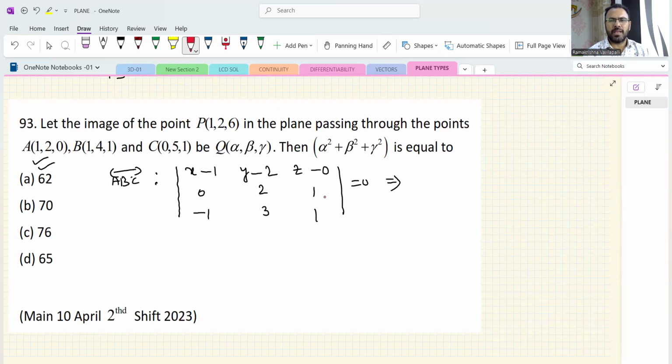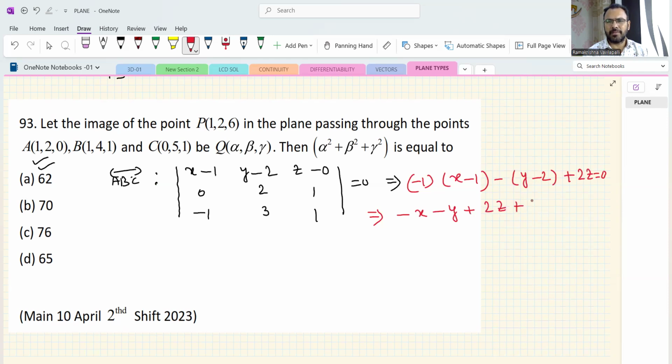Well, this is 2 minus 3, that is minus 1 into x minus 1. And this is 0 minus of minus, plus 1 it becomes, so minus of y minus 2. And this is 2z plus 2z equal to 0. We will get the plane very fast, passing through 3 points. So you will have minus x minus y plus 2z.